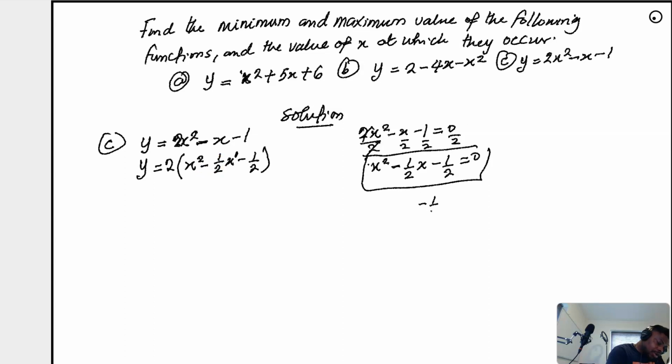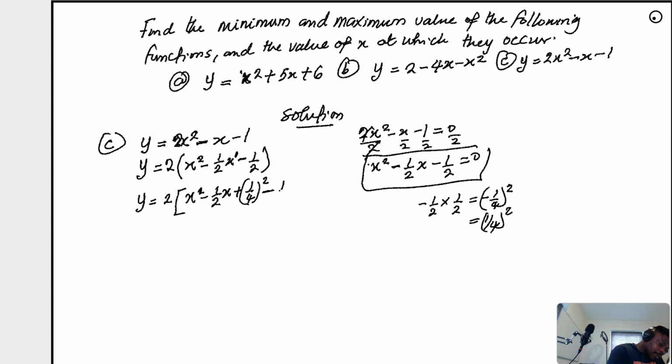So that is what I want to halve. I will halve that the way we normally do. We have minus 1 over 4, and we square it, and that is 1 over 4 squared. So this will be 2 bracket x squared minus 1 over 2x plus 1 over 4 all squared, minus 1 over 2.